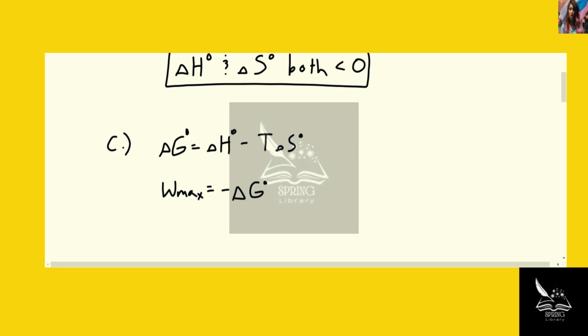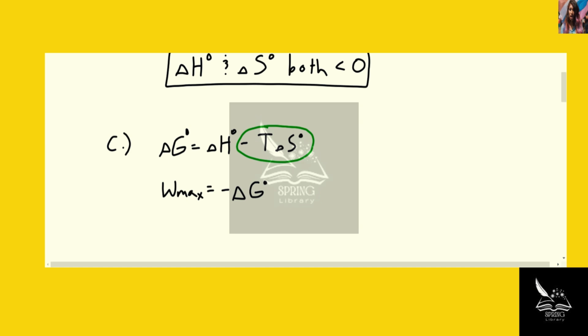When we increase that temperature and multiply it by a negative value for delta S, when we subtract it, we are again adding a positive value because delta S is negative.